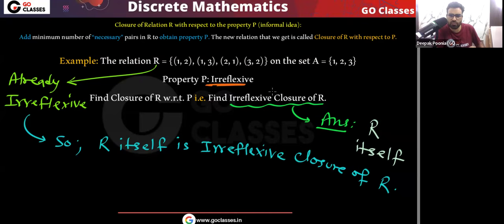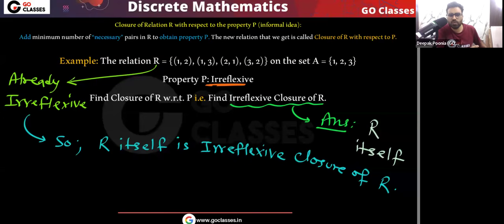Because I told you the definition of closure of relation with respect to property P is very simple: we want to bring this property P by adding the minimum number of necessary pairs. Here the relation already satisfies this property, so there is no need of adding anything. So relation R itself is irreflexive closure of R. Here the answer will be R itself.